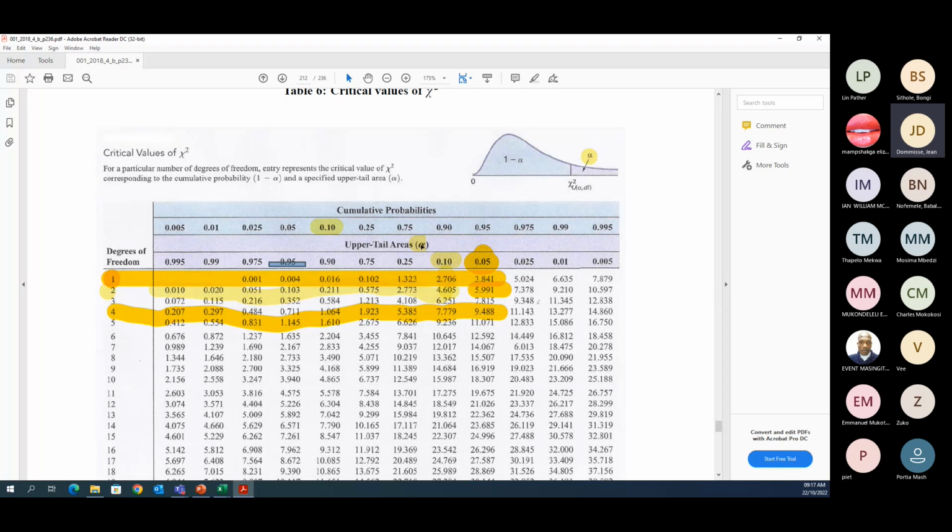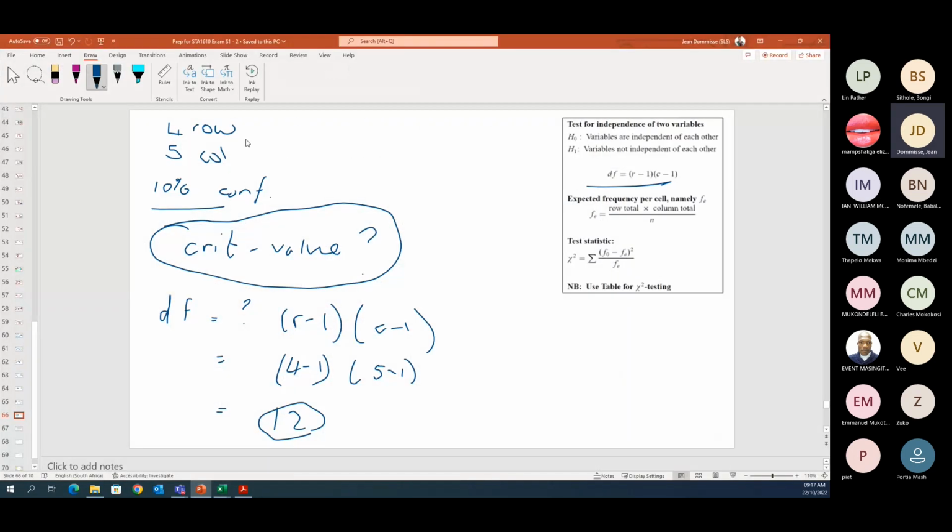Remember it is alpha that we are getting. The alpha is 10 or 0.1. So with degrees of freedom 12 and 10, the value is 18.549. So if we needed to work out the critical value, it would have been 18.549.